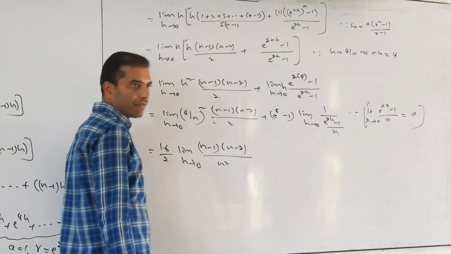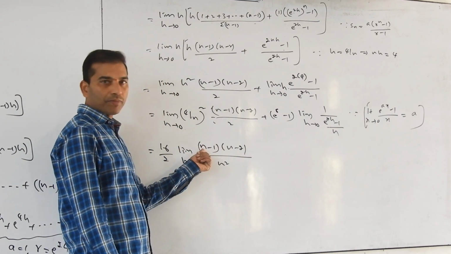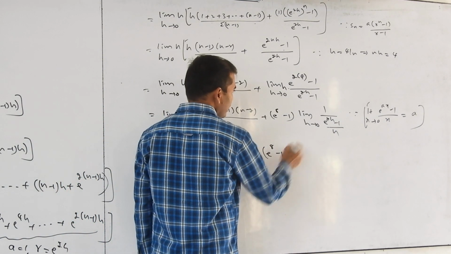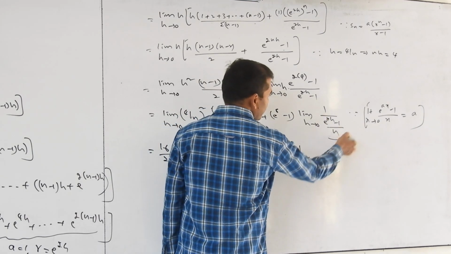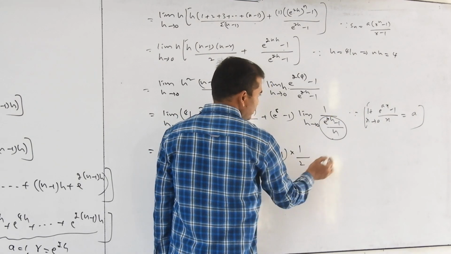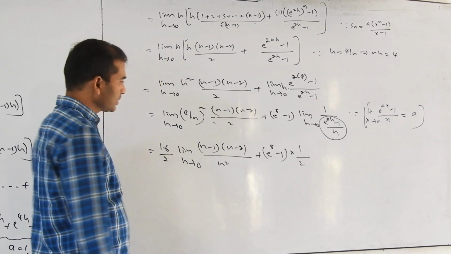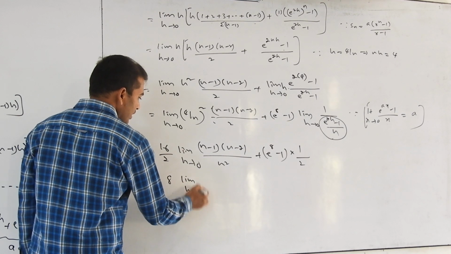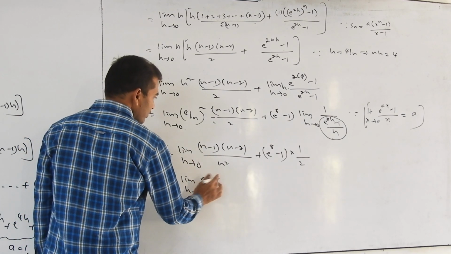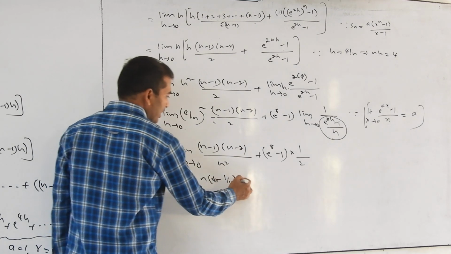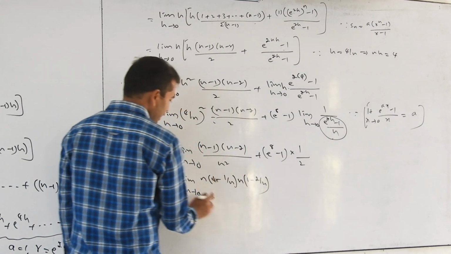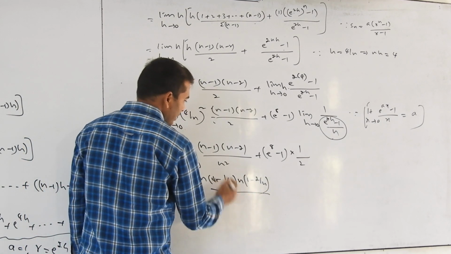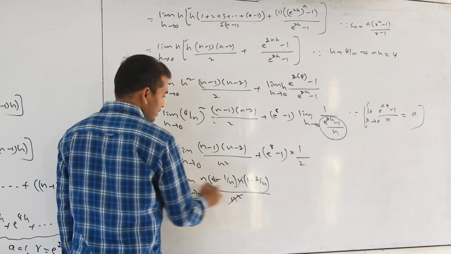This is of infinite form, so we take n common from numerator and denominator. e power 8 minus 1, this is 1 by 2, which is equal to (e power 8 minus 1) by 2. Limit as h tends to 0, n tends to infinity: take n common here, (n minus 1) and (n minus 2), giving (1 minus 1 by n)(1 minus 2 by n) by n square. Here I am taking x tends to 0 means n tends to infinity. This gets cancelled.